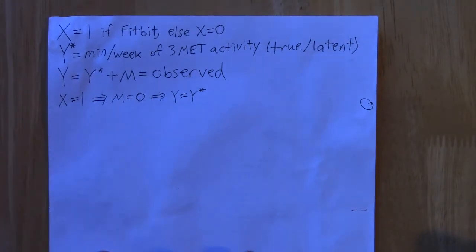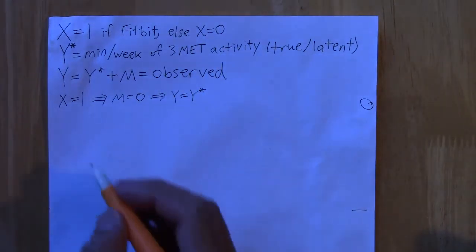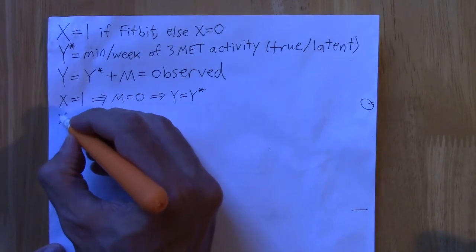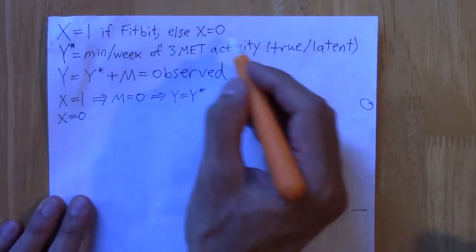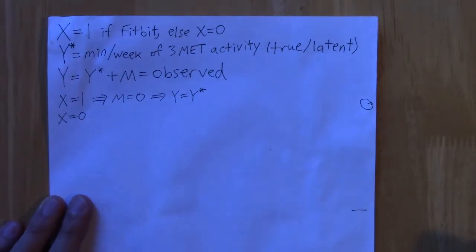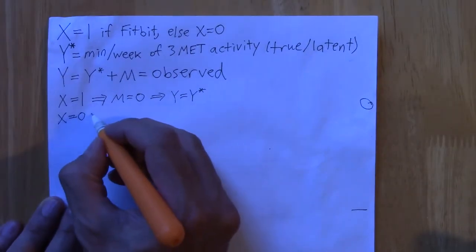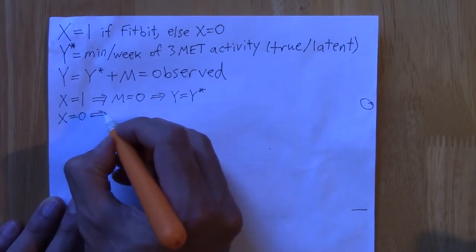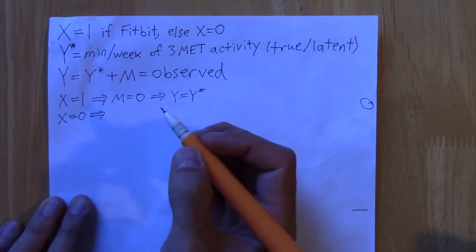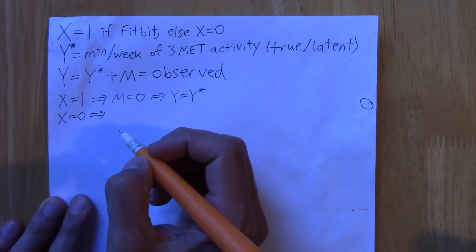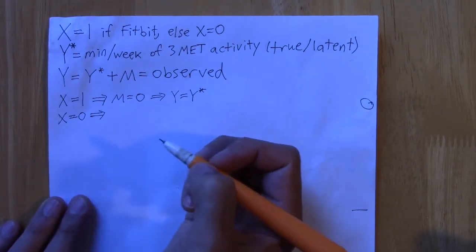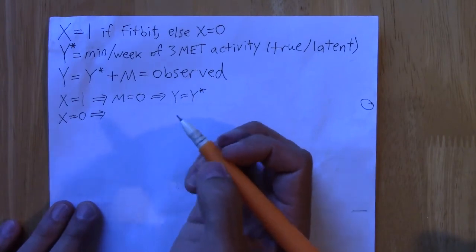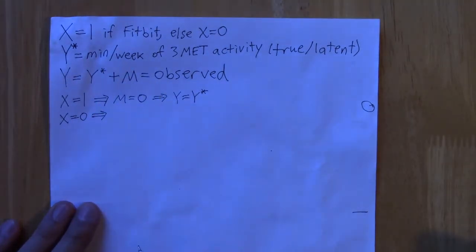Now imagine for individuals without a Fitbit, when x equals 0, they don't really understand what this means. They just think if they're not completely still, they count that as activity. So if they get up from the couch to walk to the refrigerator, they'll count that as part of their minutes.